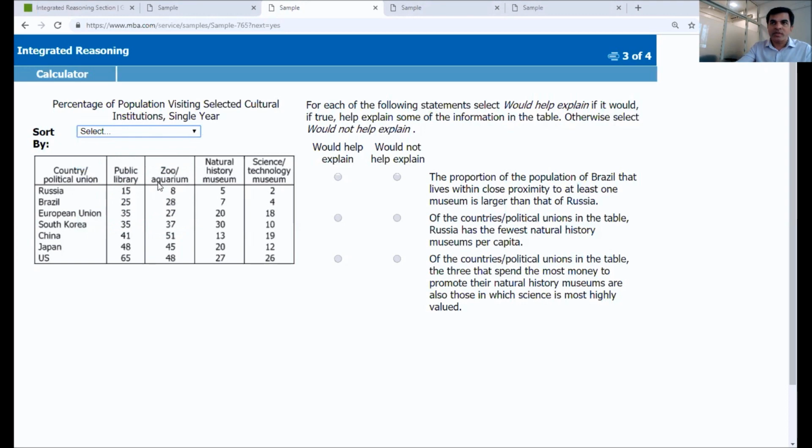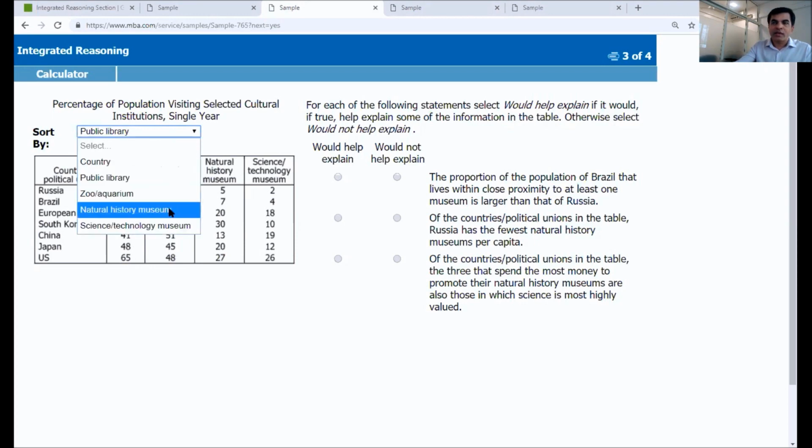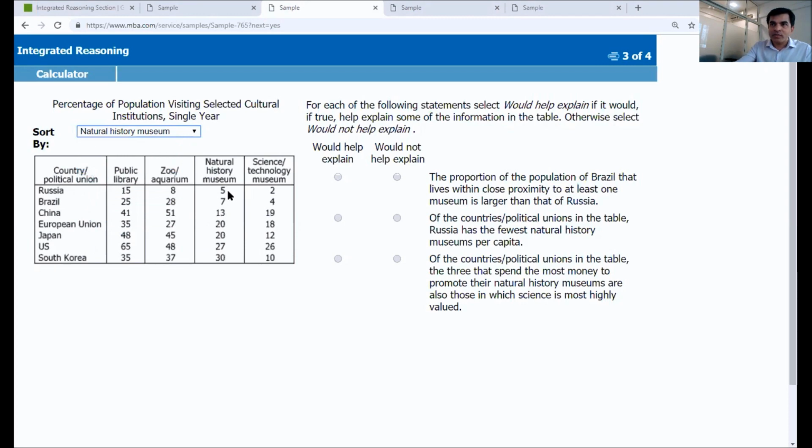So if I sort on public library, for instance, as you can see, it has arranged all these values in ascending order. If I sort on Natural History Museum, it has arranged all these values in ascending order. So we have the sort tool available, which is a very useful tool.